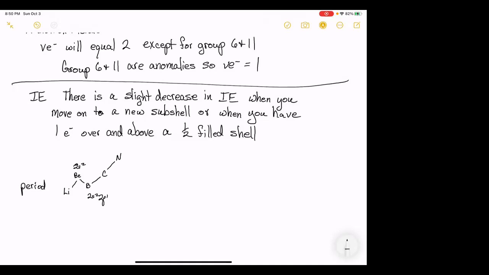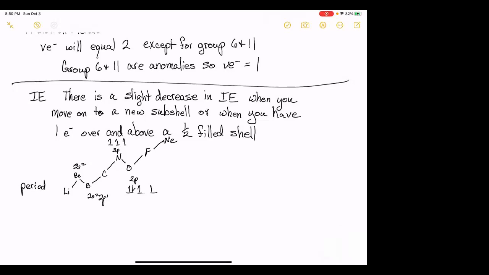And then you'll have a slight decrease going to oxygen, because the 2P is half filled, and when you go to oxygen you have messed up a half-filled orbital, and then it'll continue to grow from there. So oxygen goes to fluorine, which goes to neon. So that's the general trend.